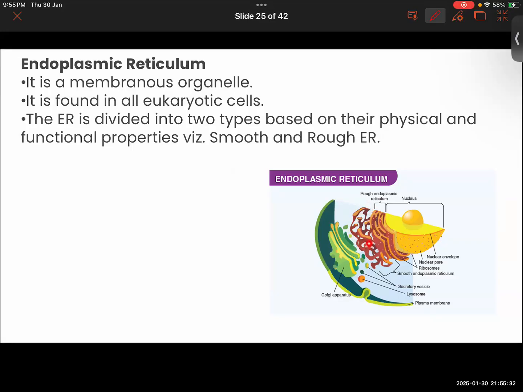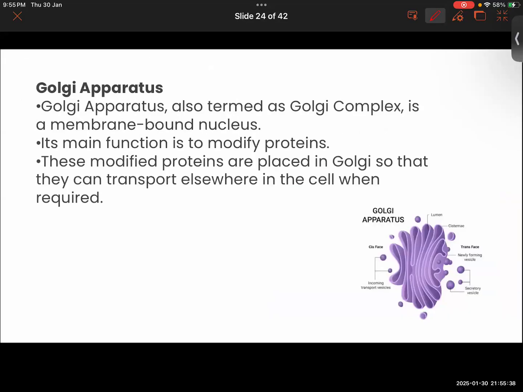The protein prepared in the endoplasmic reticulum is then received by the Golgi apparatus. The Golgi apparatus's primary function is to modify the proteins received from the endoplasmic reticulum, further process them, and transport them to their final destination inside the cell, where they will be used for different purposes.